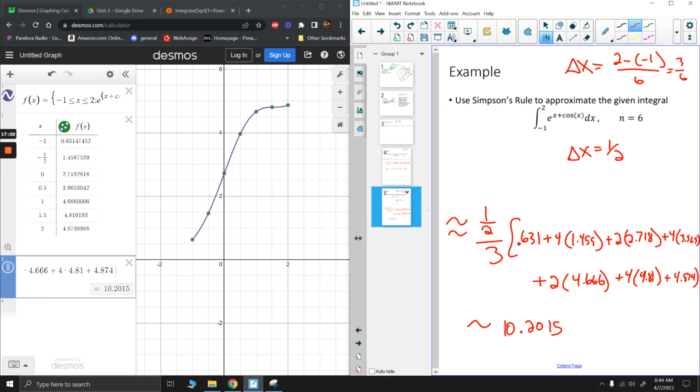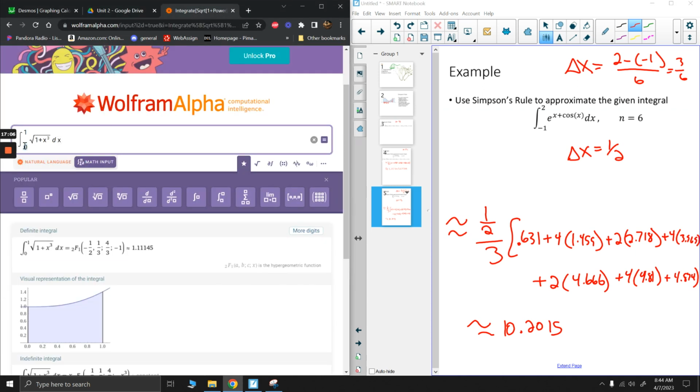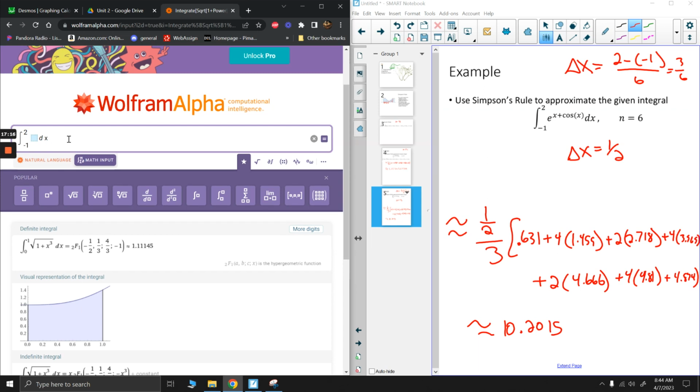It's an approximation, right? Let's go ahead and see what Wolfram Alpha says is the actual integral from -1 to 2. Now, another thing to note is, just like in the previous one, the reason why we're approximating this is I haven't a clue how to integrate this thing. If you have some suggestions, feel free to let me know, but I don't know how to integrate this.